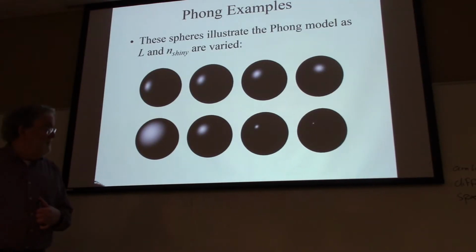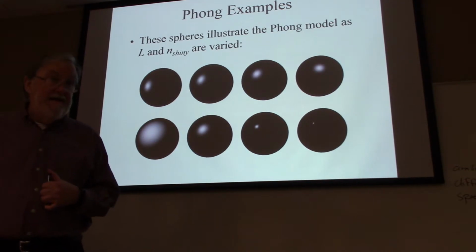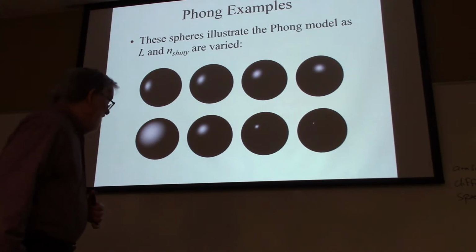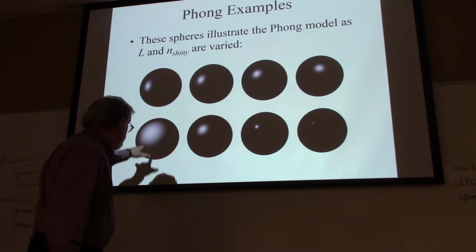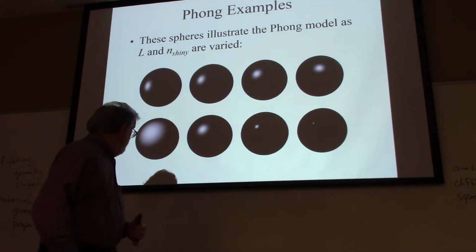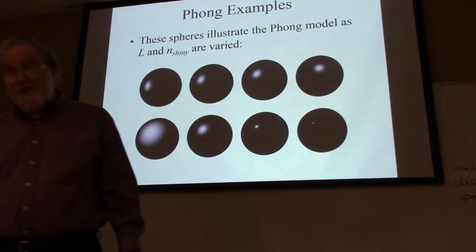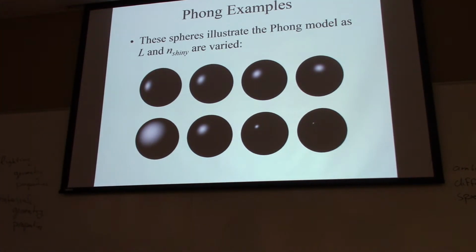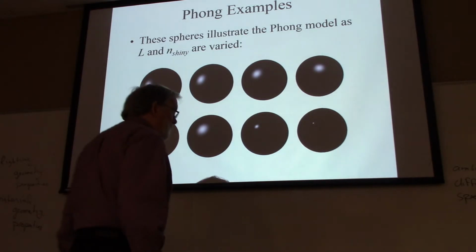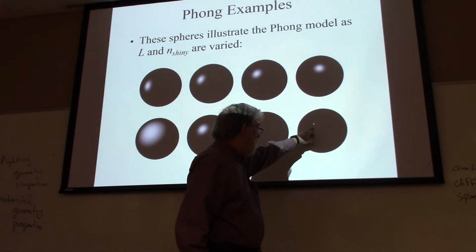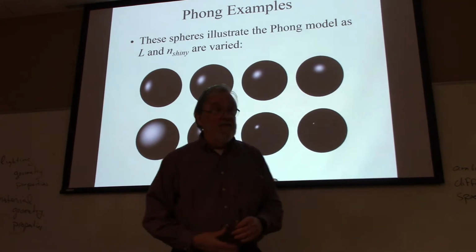And so here are some examples of Phong lighting. Basically, the more spread out the highlight is, the smaller that shininess coefficient is. If you have a very high shininess coefficient, you're going to get just a single spot there.